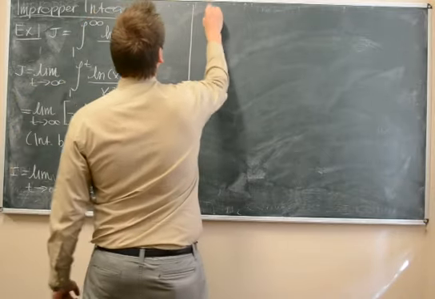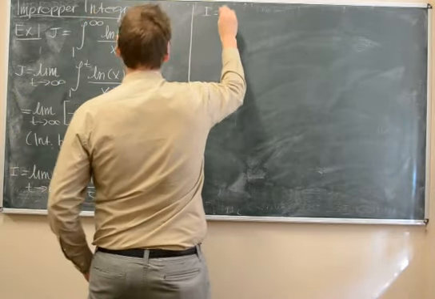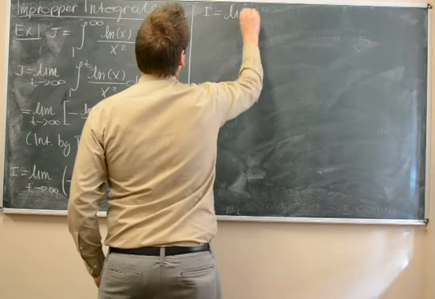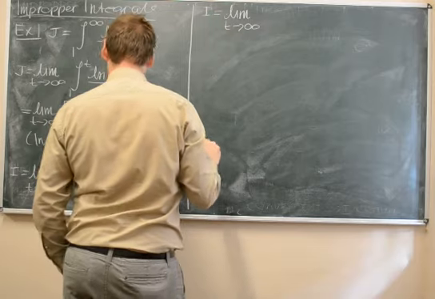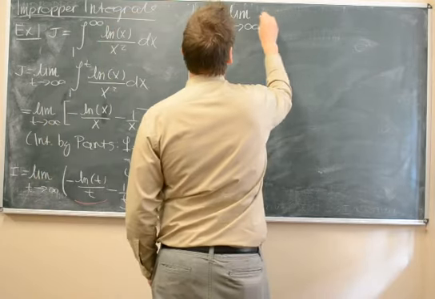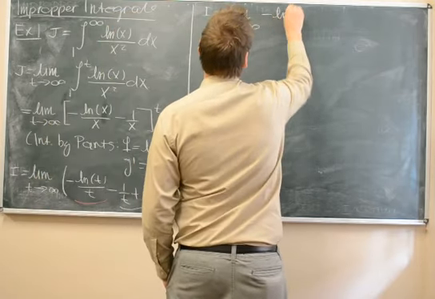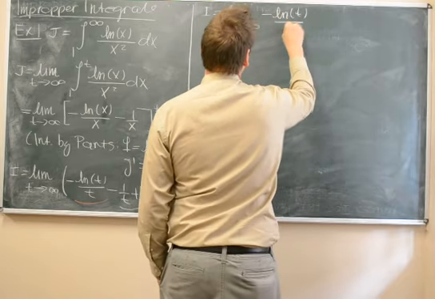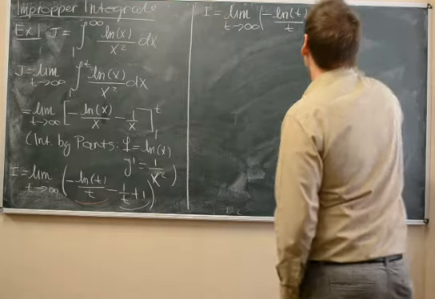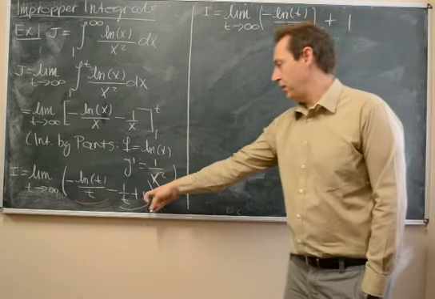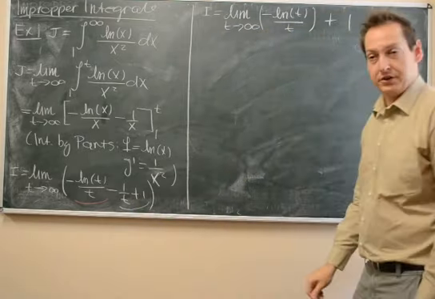And so our I is the limit as t goes to infinity of minus ln t over t, and then plus 1, because 1 goes to 1 and 1 over t goes to 0.